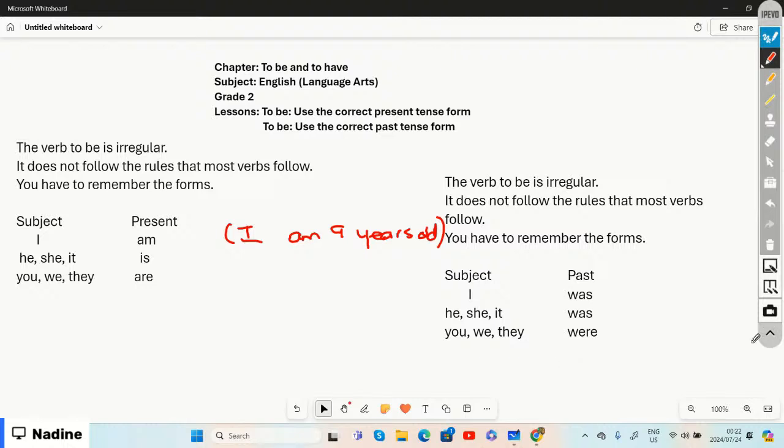So now we're going to our subject and we're going to our verb. So when it comes to be and to have, right?